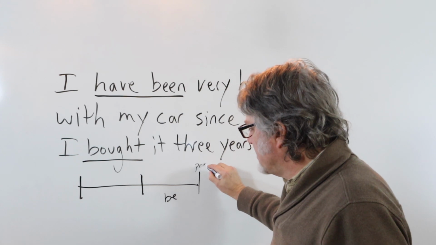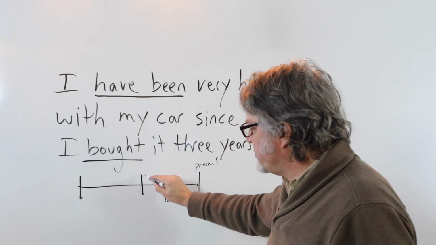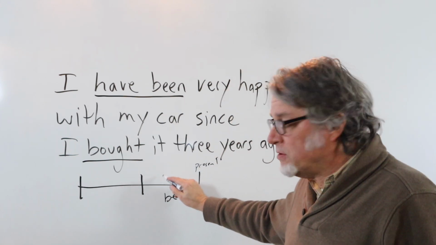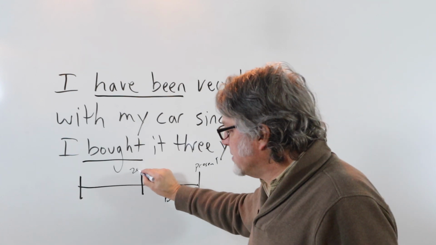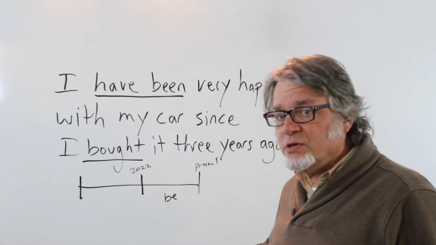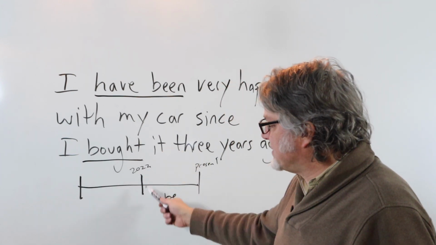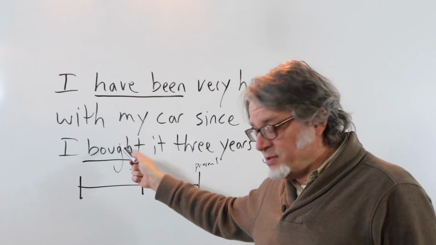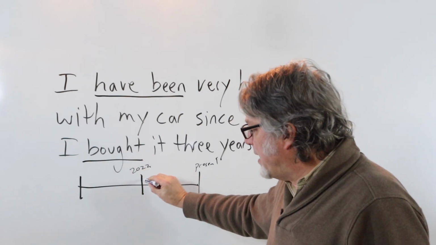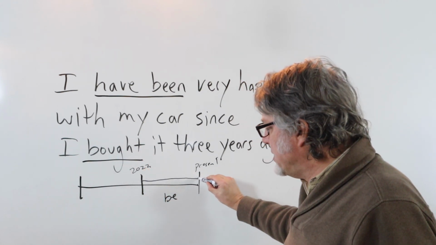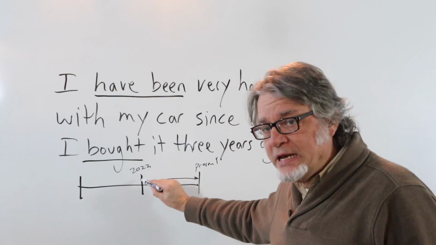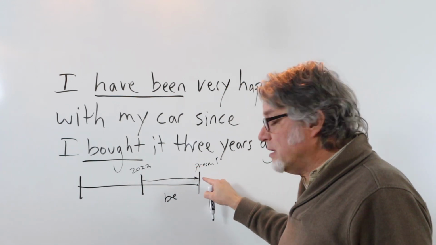Here's the present, and this is 3 years ago. So if this is 2025, this is 2022. And since this time, since I bought the car, I have been happy. It goes from here up until the present.